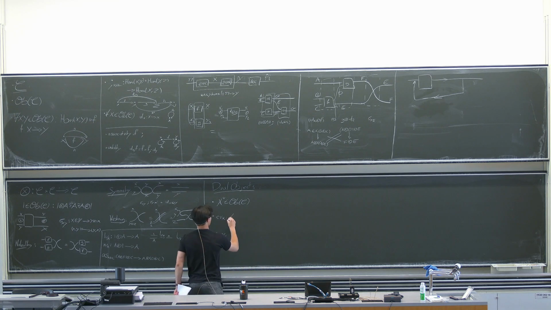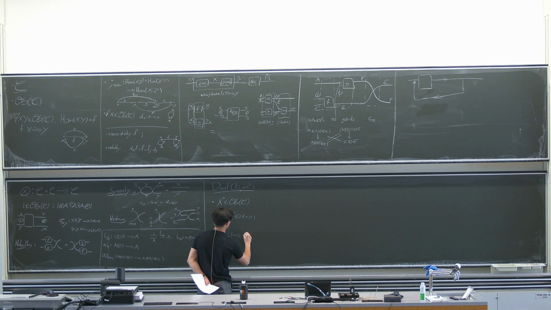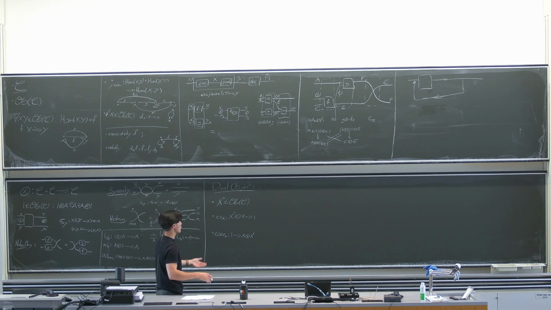This one goes from X tick cross X to 1, the monoidal unit. And this one goes from 1 to X tick, I think. Yes. And these have to satisfy more conditions, obviously.